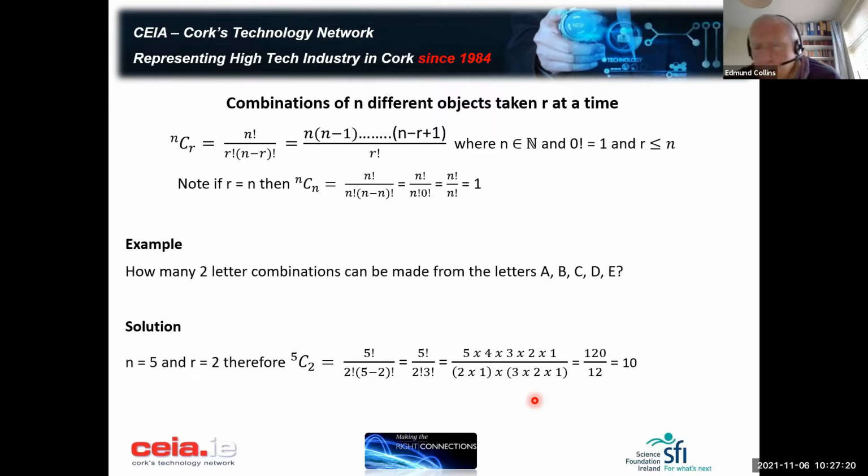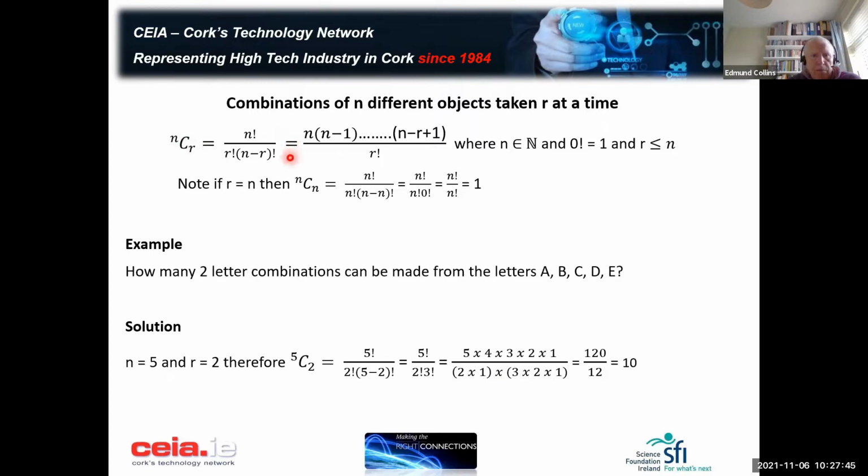Now, moving on to combinations, quite similar in terms of how they're designated, superscript, subscript, and so on here. So n, again, same. C, indication it's a combination, and r here again.